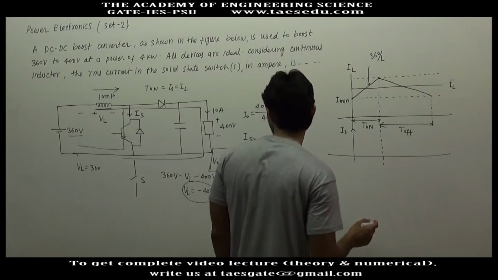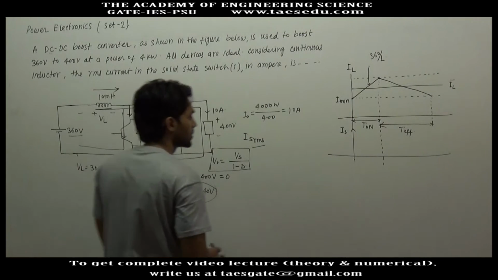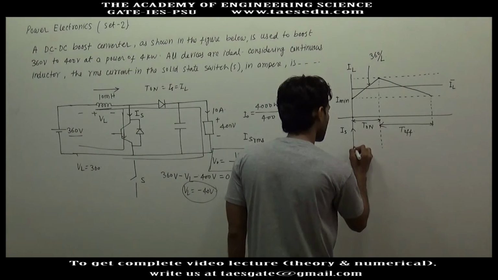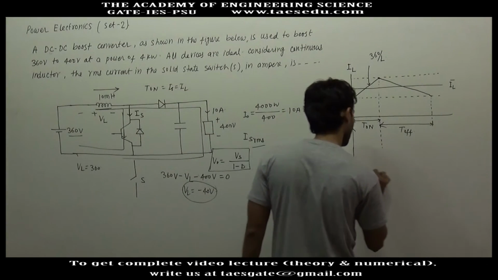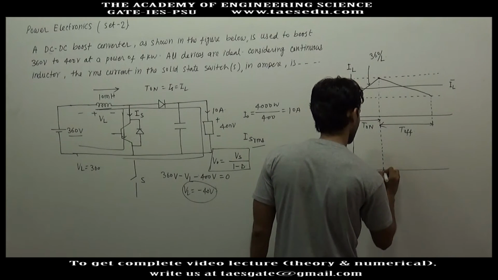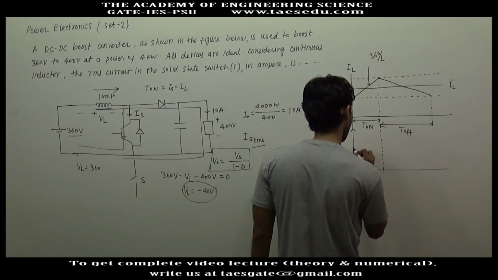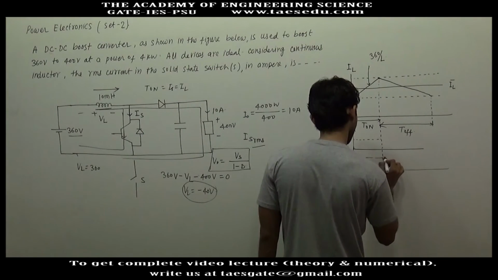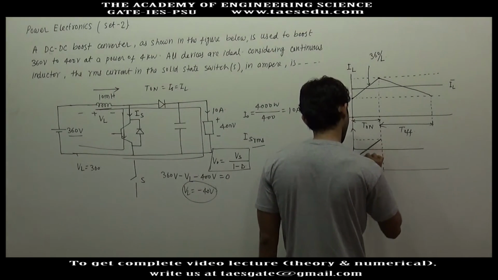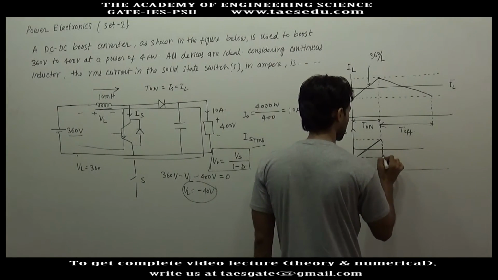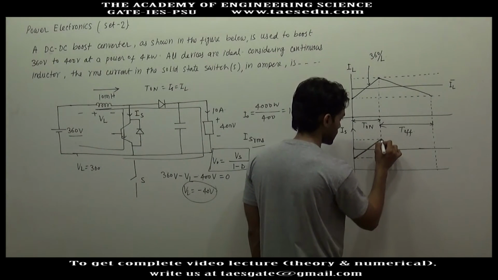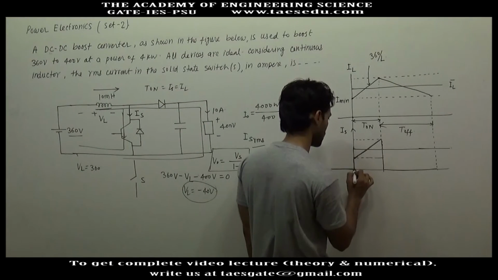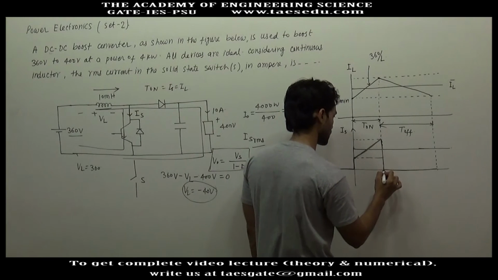So you will draw the graph which is the same as the inductor current during T on. This is the average value of inductor current, and this is the switch current. And after this point, the switch current will be 0.